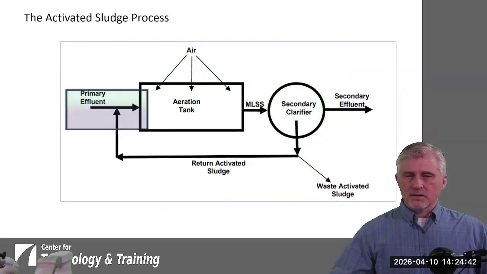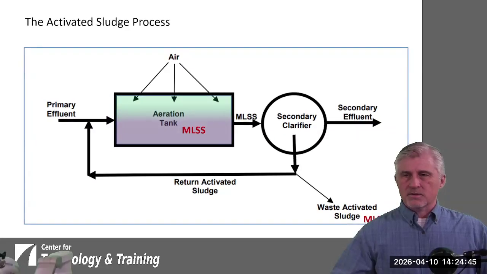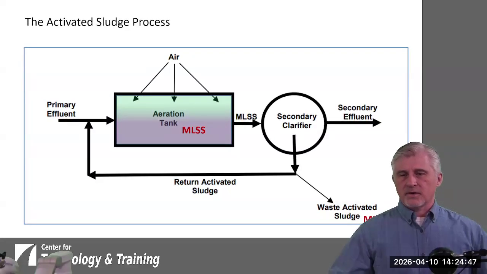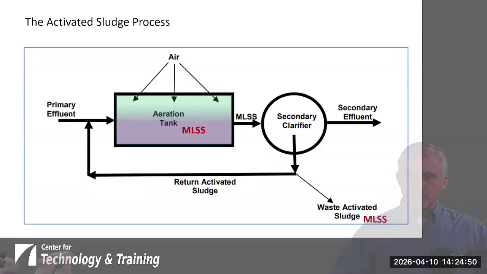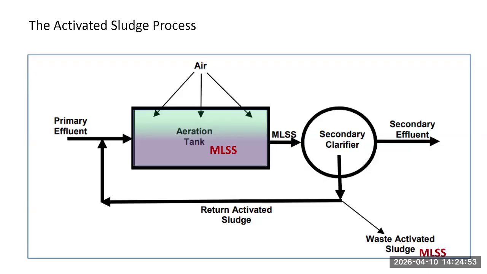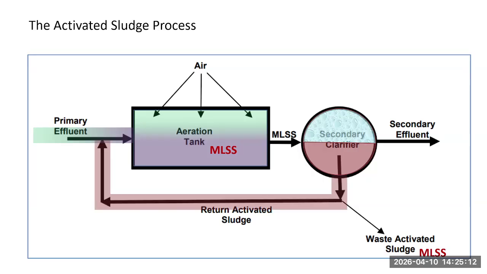So we'll look at it in a little more detail. We've got the aeration tank, and the aeration tank includes the mixed liquor suspended solids. The waste activated sludge is mixed liquor suspended solids. Primary effluent comes in, goes to the aeration tank, into the secondary clarifier. And then we have return activated sludge. So we're going to either waste the sludge, or return it back into the primary effluent, and it'll go through the process again.